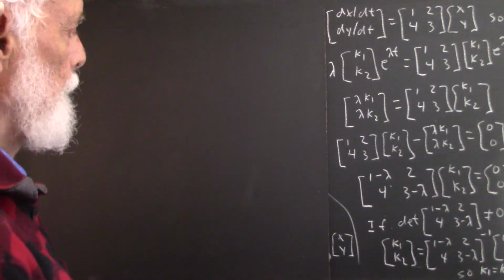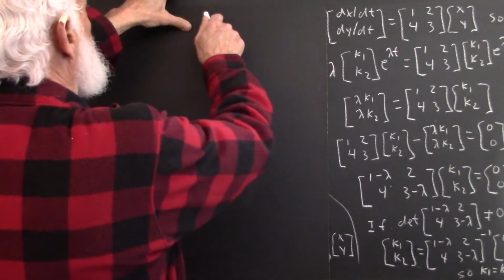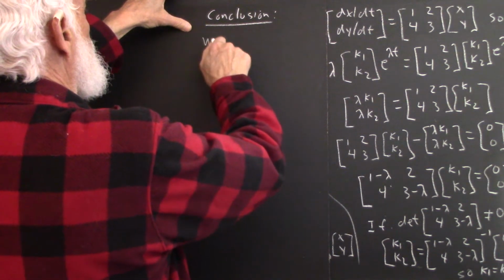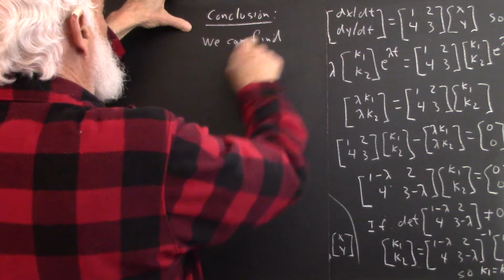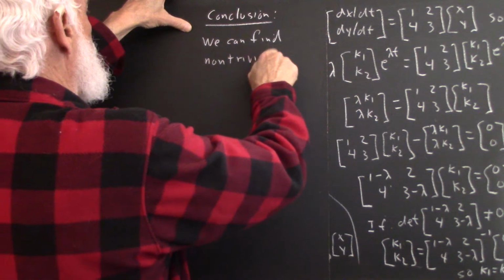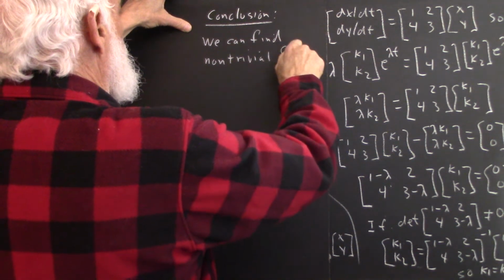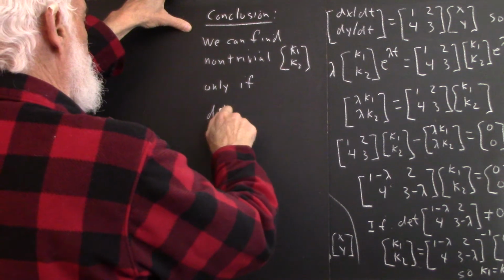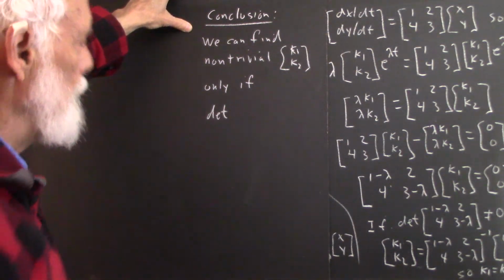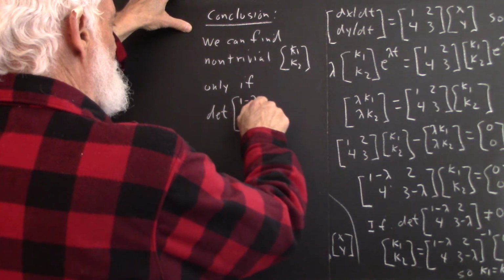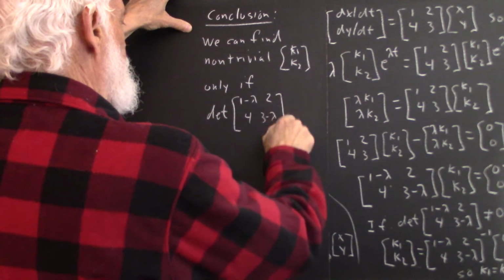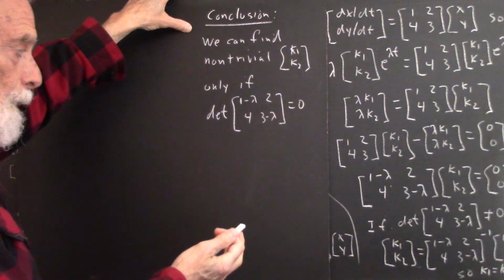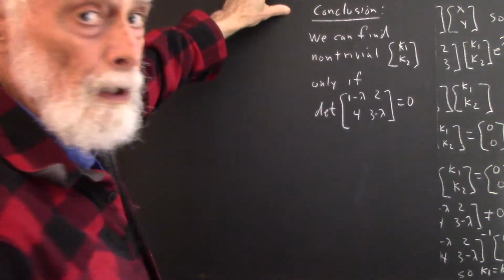This leaves us with: we can find a non-trivial K1, K2 only if the determinant of our matrix is 0. Okay, so there we have the condition.